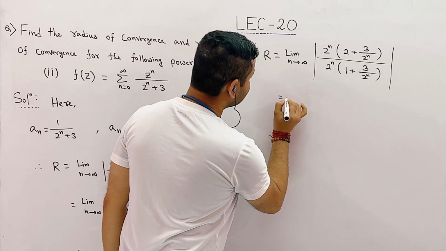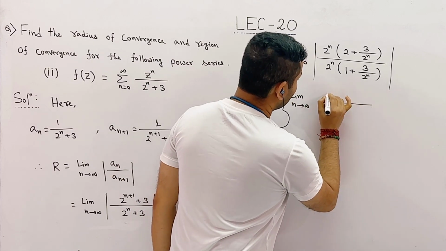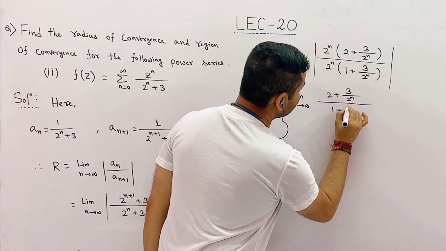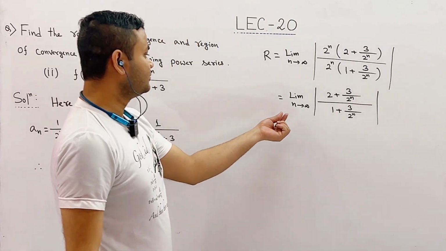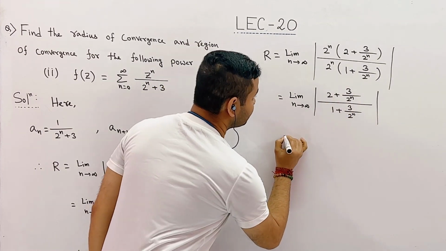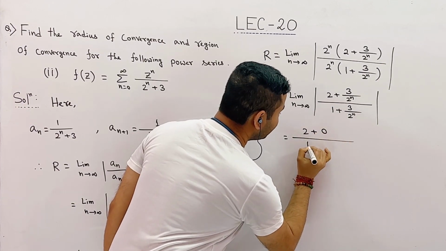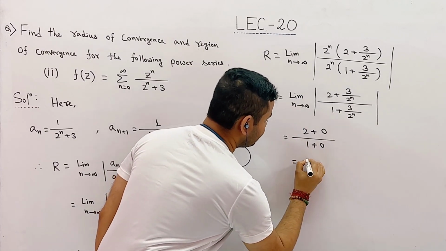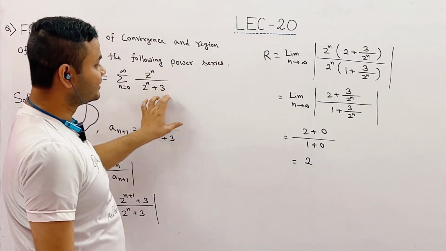So, finally, we will get limit n tends to infinity 2 plus 3 divided by 2 to the power n divided by 1 plus 3 divided by 2 to the power n. Now, let us substitute the limits. So, after putting the limits, we will get 2 plus 0 divided by 1 plus 0, which is 2. So, we have seen that the radius of convergence for this power series is equal to 2.